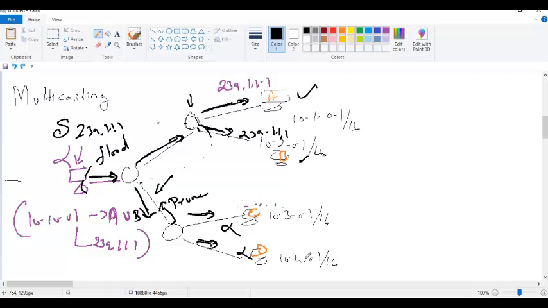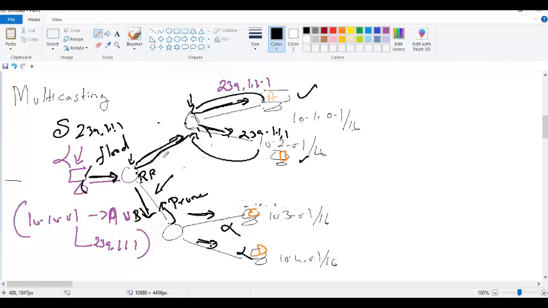For example, if I make this a rendezvous point, this guy and this guy will use this link and come and register here to the rendezvous point, saying, I'm a member of 239.1.1.1.